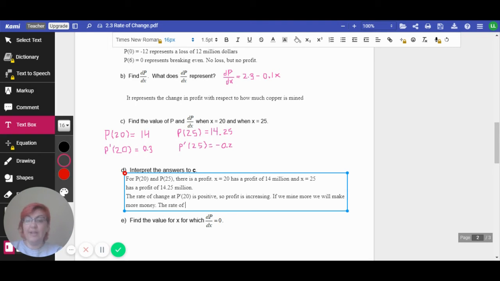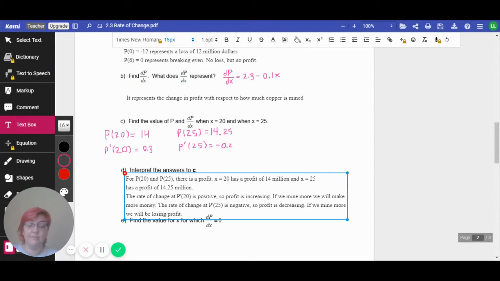However, the rate of change at P prime of 25 is negative. So profit at this point is decreasing. If we mine more, we will be losing profit.